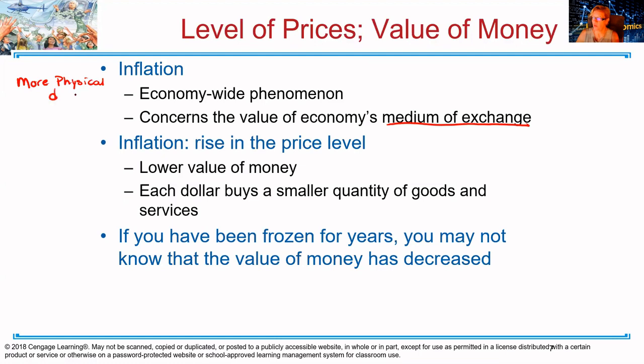So people want more physical dollars. They demand more dollars to carry out the same amount of purchasing. So essentially, inflation is a rise in the price level. Each dollar buys a smaller quantity of real goods and services. So the demand for money, the demand for dollars, would increase.